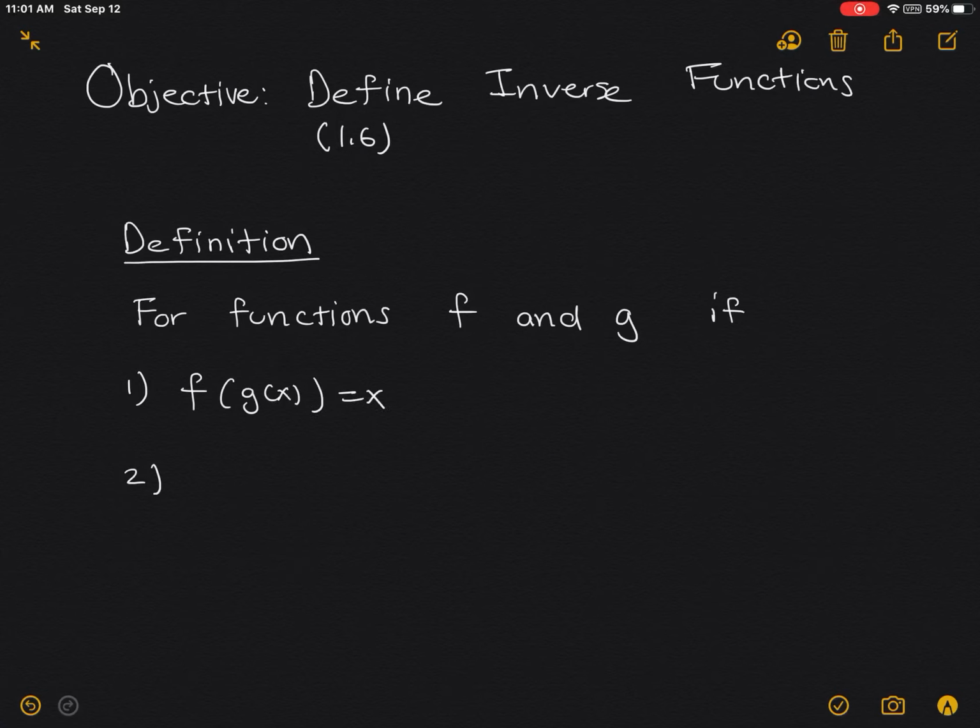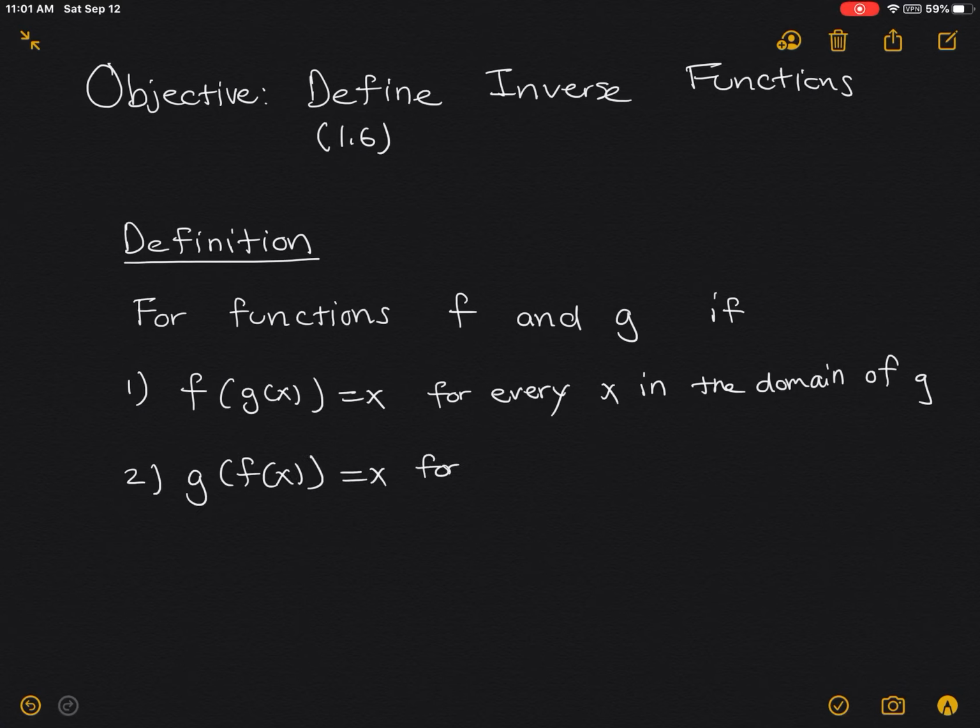If I do the function composition, if f of g of x is equal to x for every x in the domain of g, and g of f of x is also equal to x for every x in the domain of f.